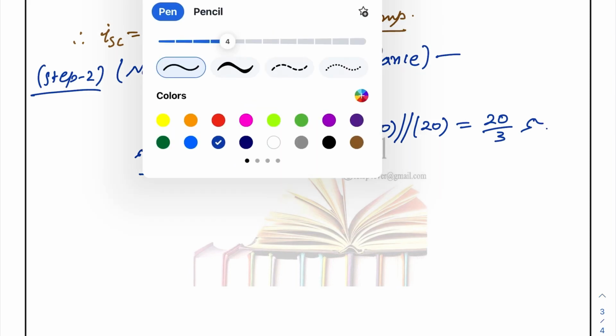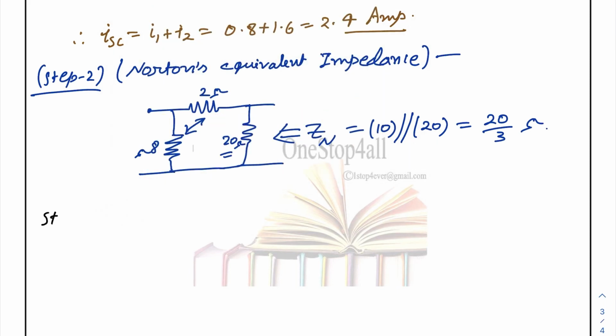Now we will move to the third step. What is the third step? What we need to find out is the Norton equivalent.